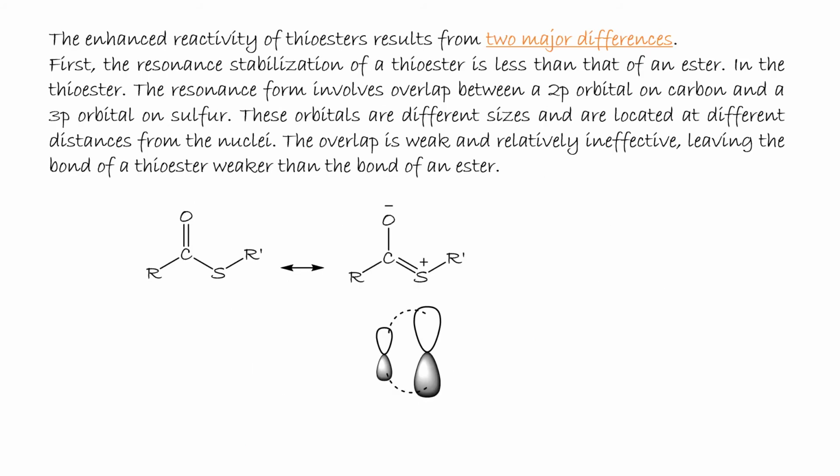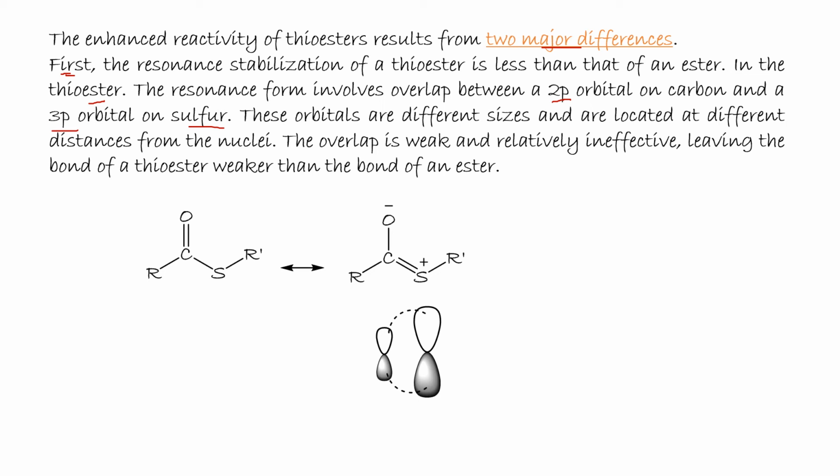The enhanced reactivity of thioesters results from two major differences. First, the resonance stabilization of a thioester is less than that of an ester. In the thioester, the resonance form involves overlap between a 2p orbital on carbon and a 3p orbital on sulfur. These orbitals are different sizes and are located at different distances from the nuclei.